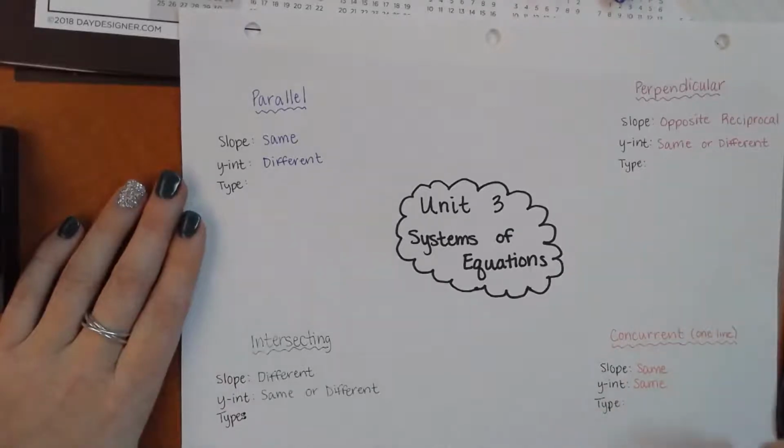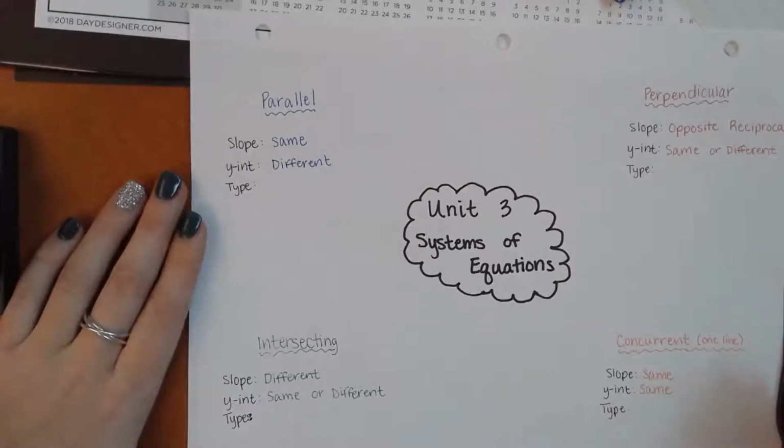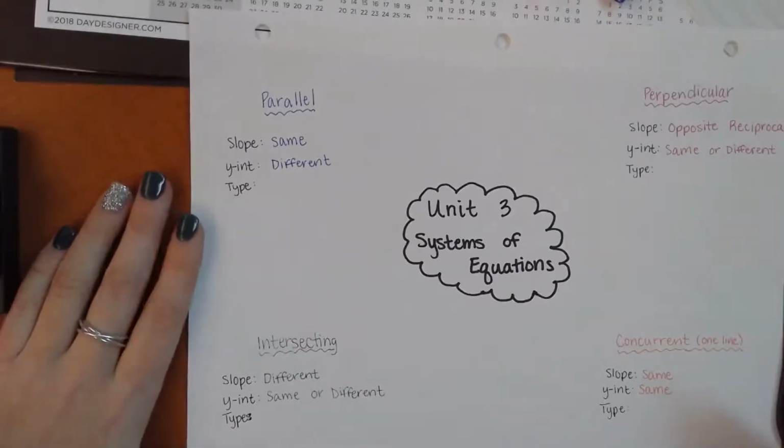You could have consistent and independent, which means that you're going to have one answer, which means that the lines cross at one particular point. Then you could also have consistent and dependent, which means that they're infinite, where you have two equations but one line. And then inconsistent, which means that there are no solutions because they never are going to cross.